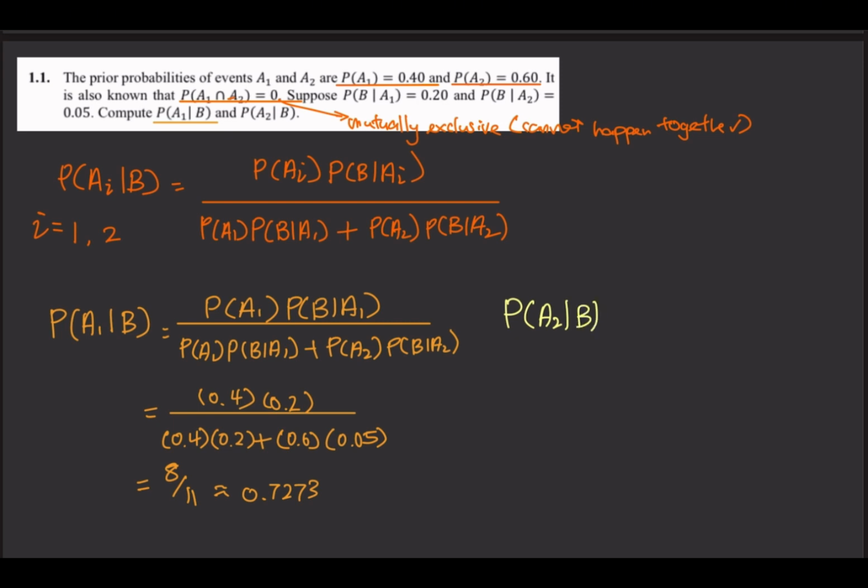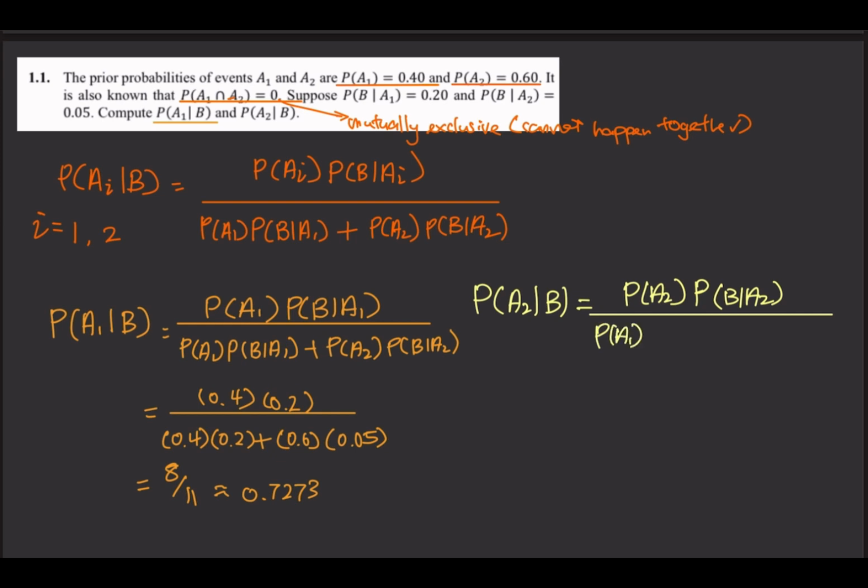Now let me bring this over to the other side. Equal to probability of A2 multiplied by probability of B given A2 divided by probability of A1 multiplied by probability of B given A1 plus probability of A2 multiplied by probability of B given A2.